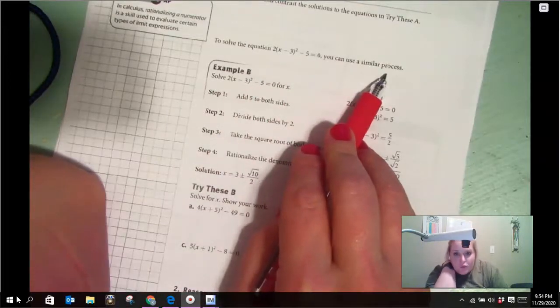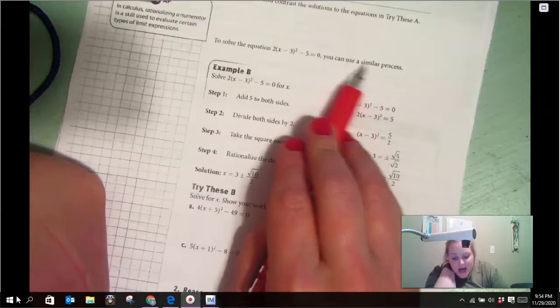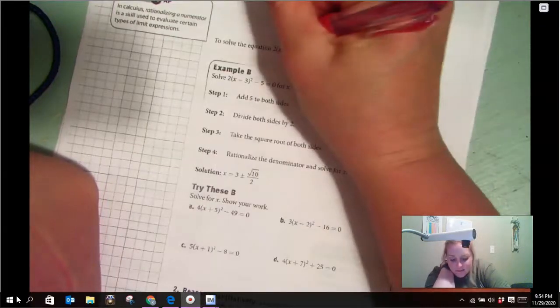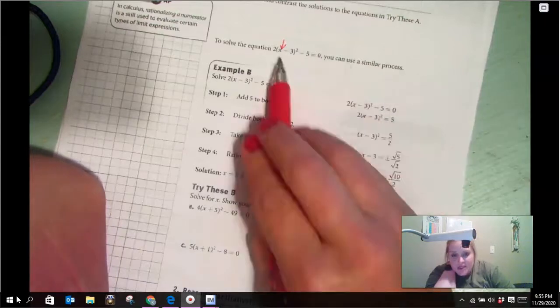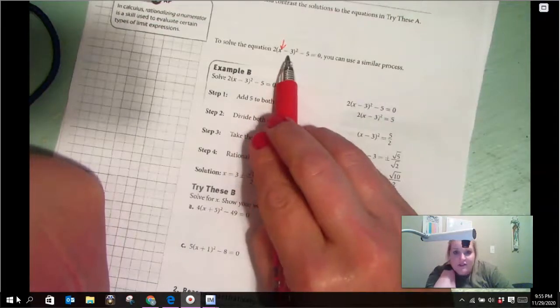So we're still going to try to isolate x. Since all we have is that one variable, we basically just need to get everything to the other side, but you have to do it in the correct order. So you can't start with the parentheses. You've got to save that for last. We have to focus on everything that's outside of the parentheses.